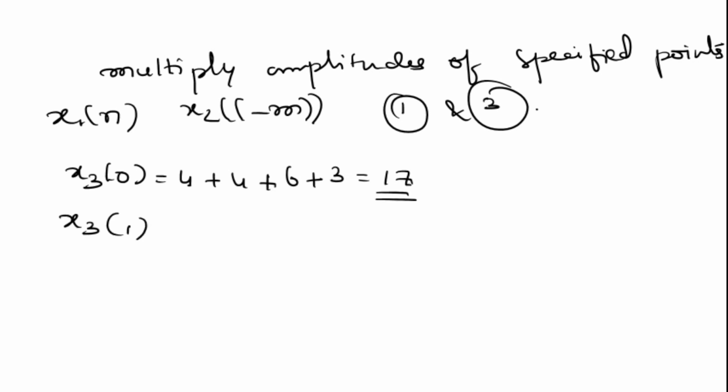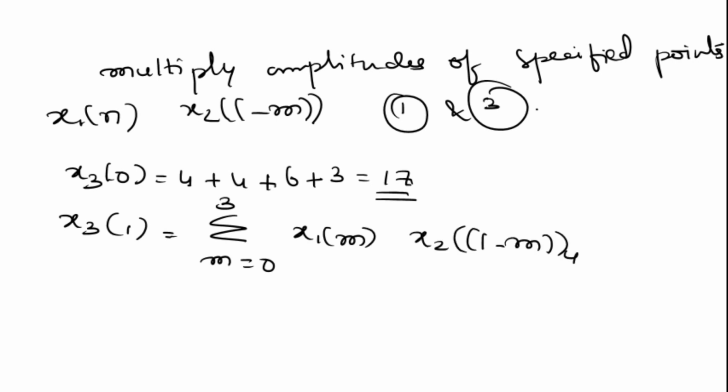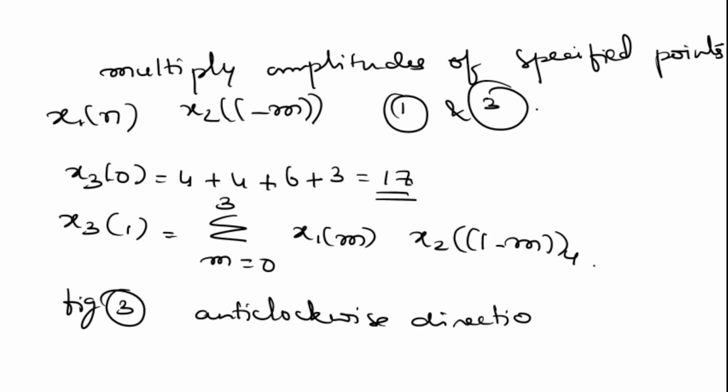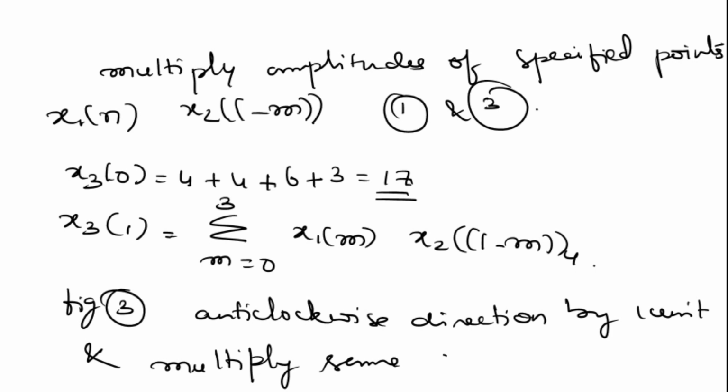Next x3 of 1 is equal to summation m is equal to 0 to 3 x1 of m into x2 of 1 minus m of 4. Now for figure number 3, we have to shift the signal in anti-clockwise direction by 1 unit, and multiply same as above.